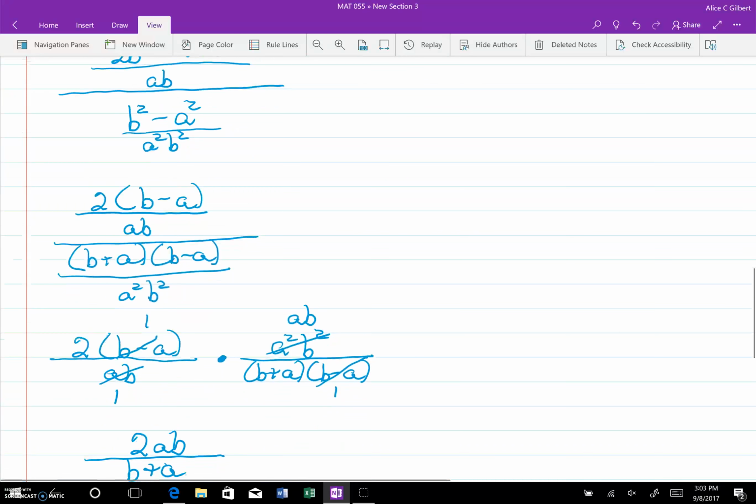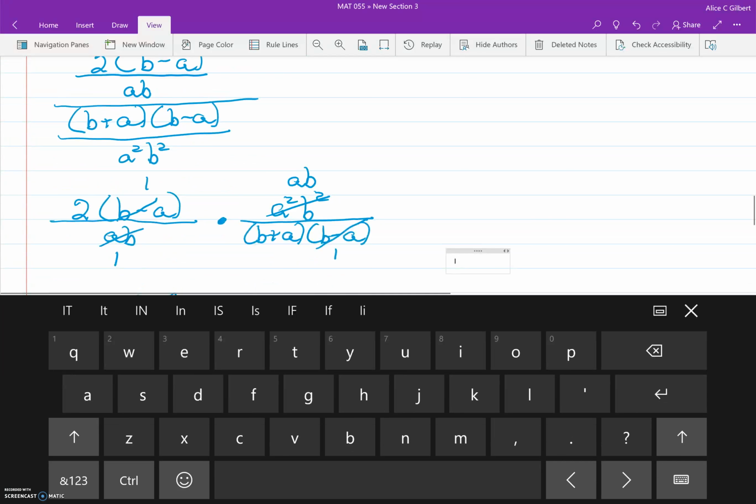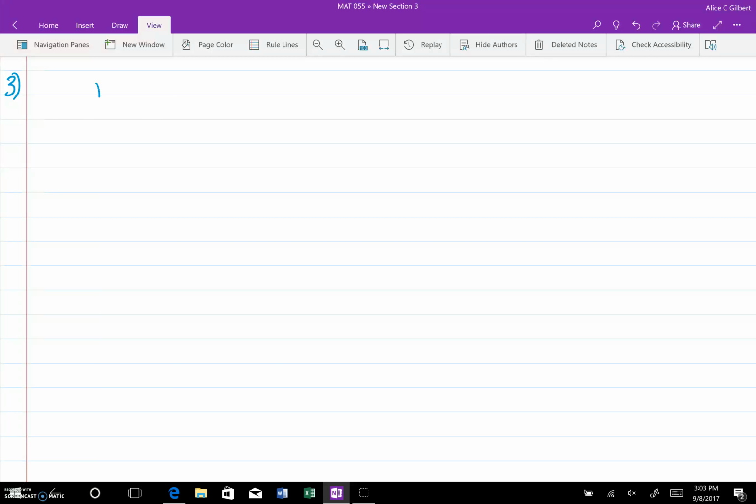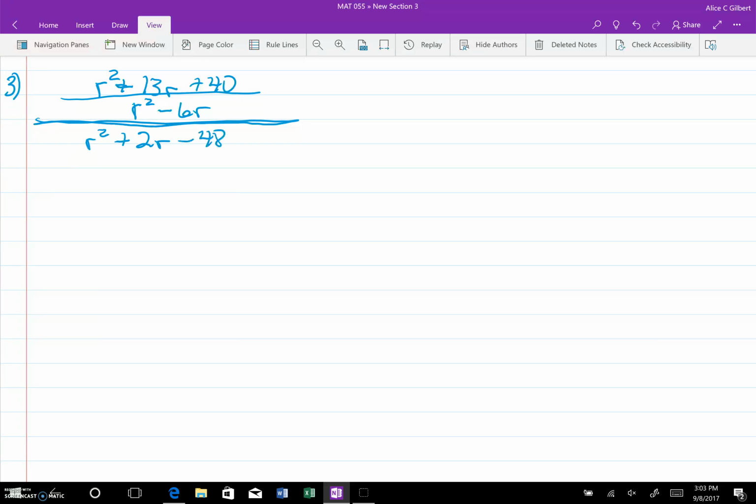Let's see if I can get a third example in here. Let's see if we have time. So number 3. Okay, we've got r squared plus 13r plus 40 over r squared minus 6r, all over r squared plus 2r minus 48 over 3r.